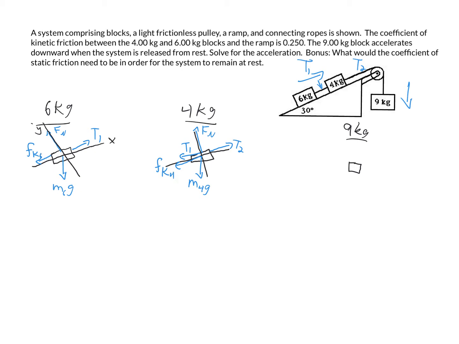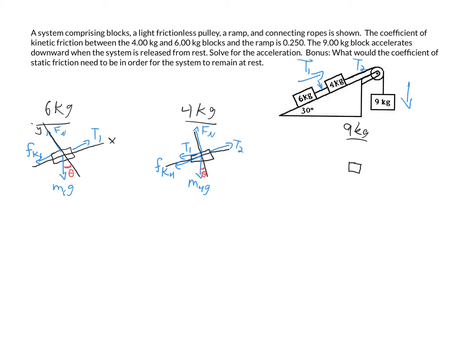Okay, good. Also, just a quick side note or reminder, we proved this with geometry, but the angle between the negative y-axis, when we rotate our axes like this, and the weight force is the same as the angle of the ramp. So in both cases, these here are the angles of the ramp.